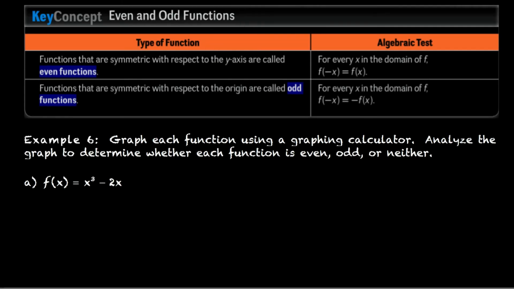Okay, so now we're going to look at functions here, and the reason that we don't really pay much attention to symmetry over the x-axis is because that is not a function. It is not a function because it doesn't pass the vertical line test.